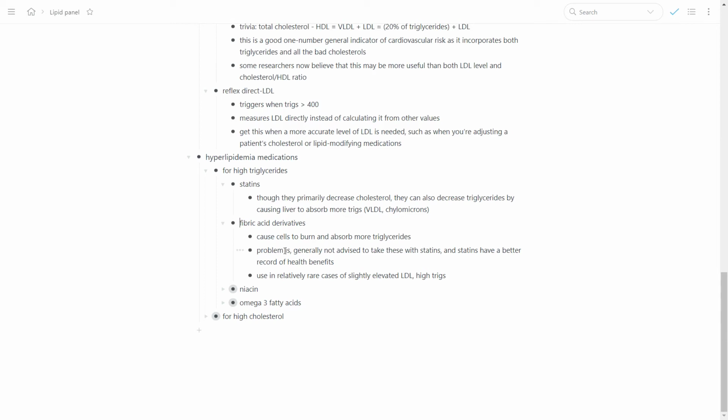But the problem with these is that it's generally not advised to take these with statins, and statins have a better record of actually causing clinical health benefits like a reduction in myocardial infarction rate. So you're going to use these in the relatively rare cases where a patient's LDL is not too bad, but they have really high triglycerides.